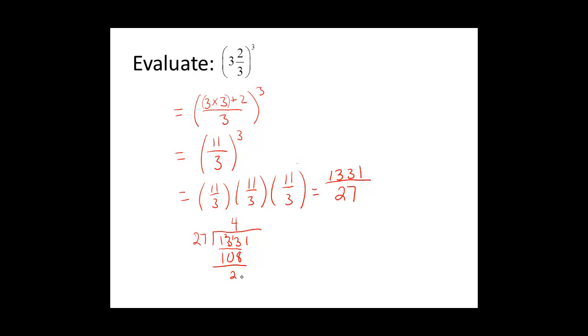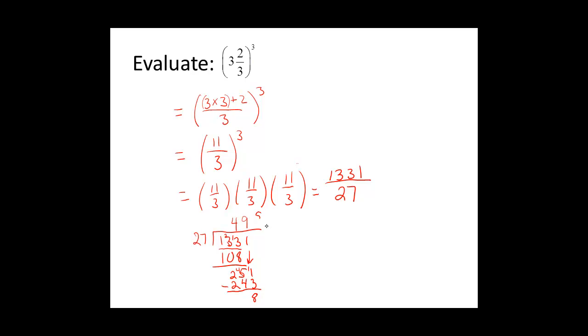When we subtract, we get 25, and then bring down the 1. 27 times what gets close to 251 without going over? 27 times 9 is equal to 243. When we subtract, we get 8.